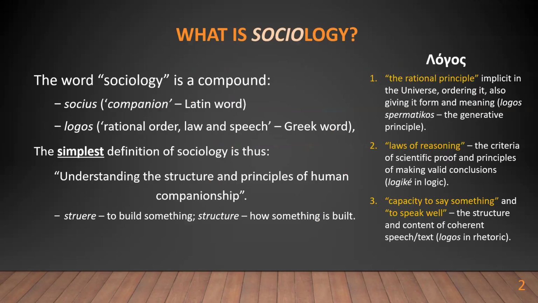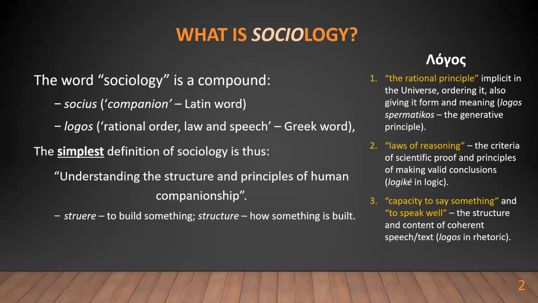So let's start with the main ideas, main words. What is the word sociology? It comes from the Latin word socius, which is companion, and the Greek word logos, which is rational order, law, and speech, the words, language in general.